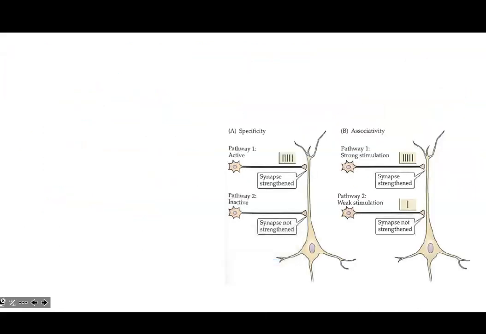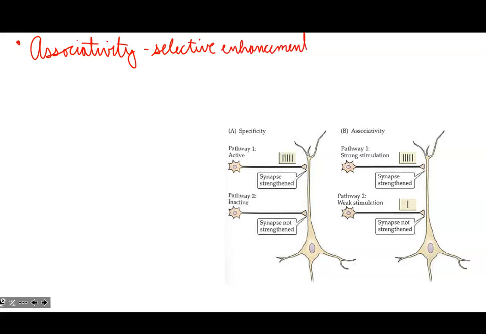Let's talk about the third unique feature of LTP. And that would be associativity. Which is basically, we can define this as the selective enhancement of jointly connected synaptic inputs.